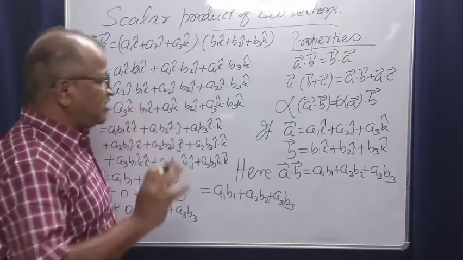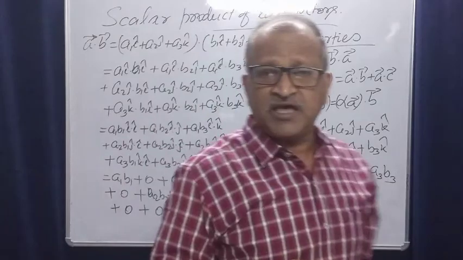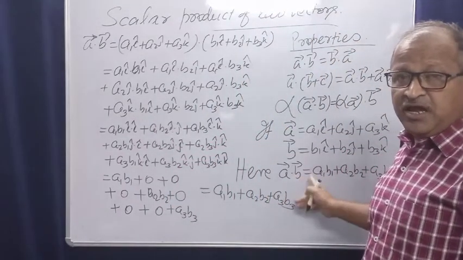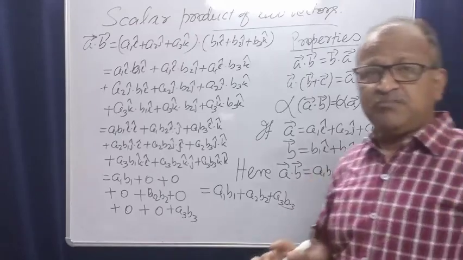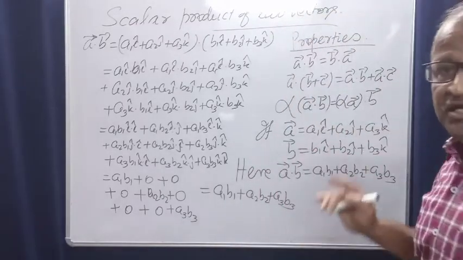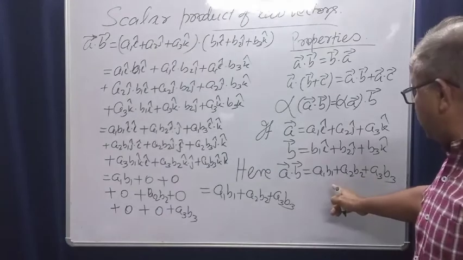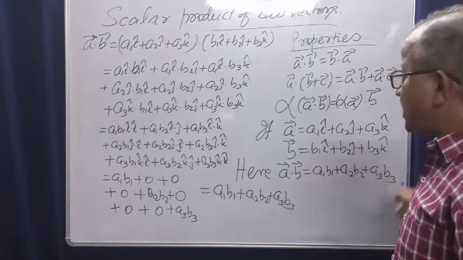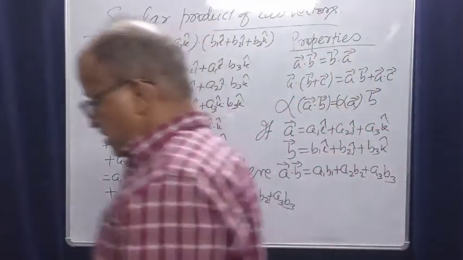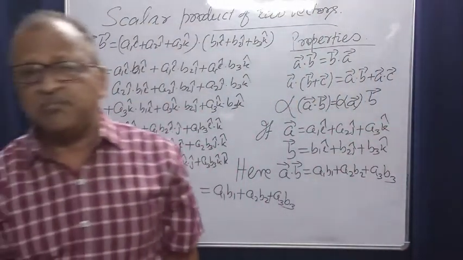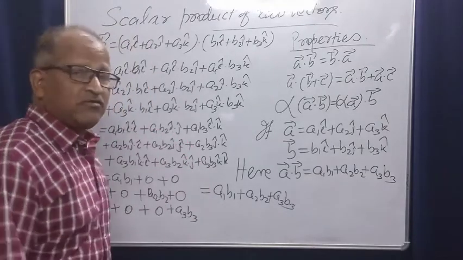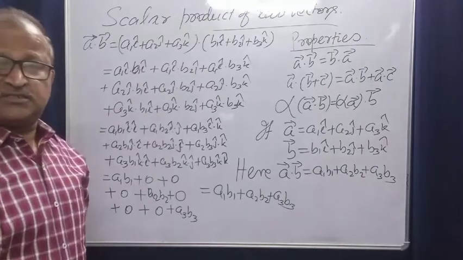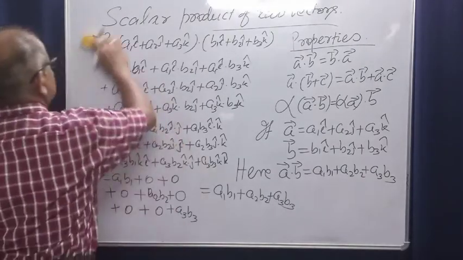If a and b are expressed in terms of their components, then the dot product is very easy: a dot b is a1 b1 plus a2 b2 plus a3 b3. From this you can see it is a scalar quantity. Again, from this dot product, two other applications can be made. I am just describing the gist.